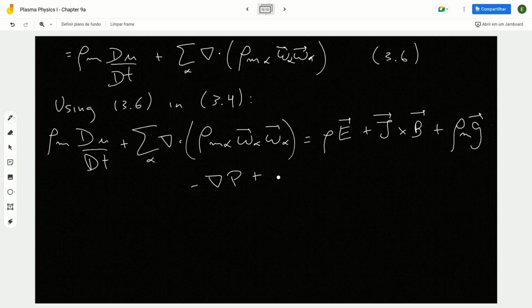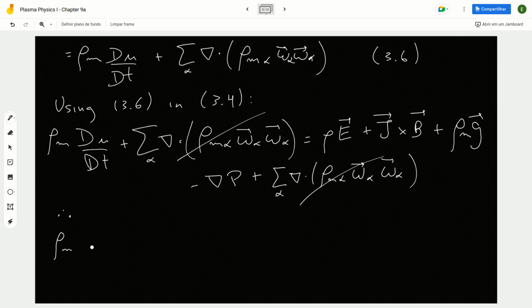Then we have it here, plus the sum on alpha of the divergence of rho alpha omega omega. And not by coincidence, this is equal to this, and we can remove it, and this is our final equation of motion.